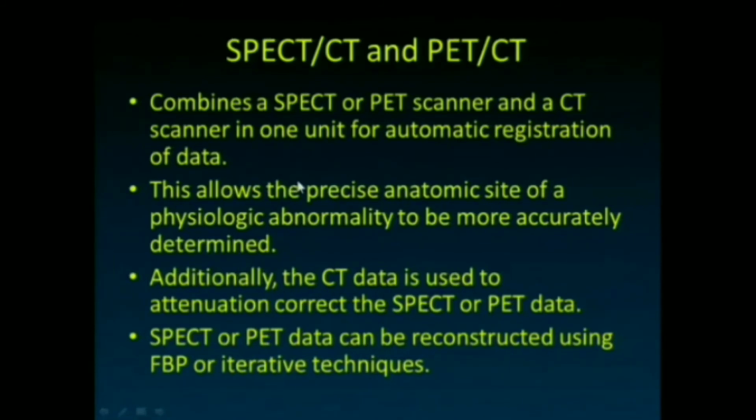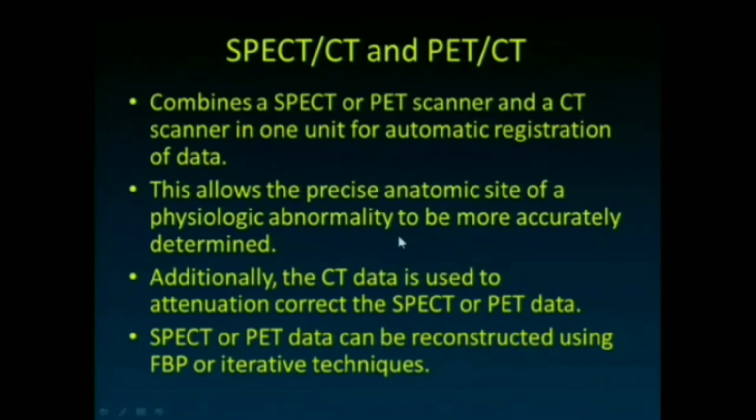If you think about it, the ideal PET or nuclear medicine radiopharmaceutical accumulates at the area of abnormality and nowhere else. So in some sense, you would get a picture of a bright spot, and that's it. And it's really nice to be able to overlay that on the anatomic imaging. And so SPECT-CT and PET-CT have really become the norm.